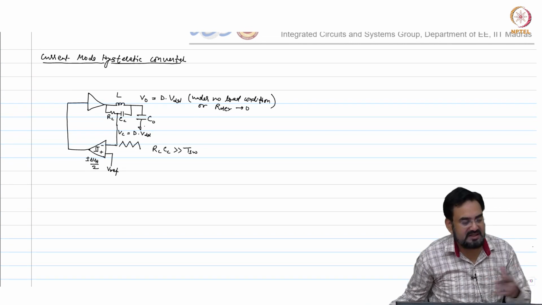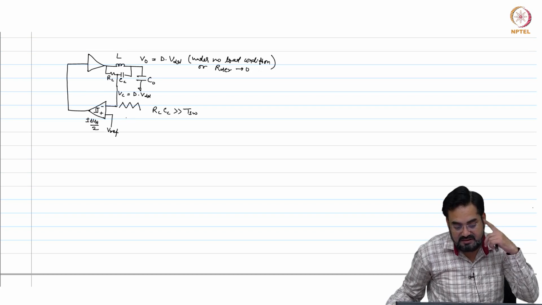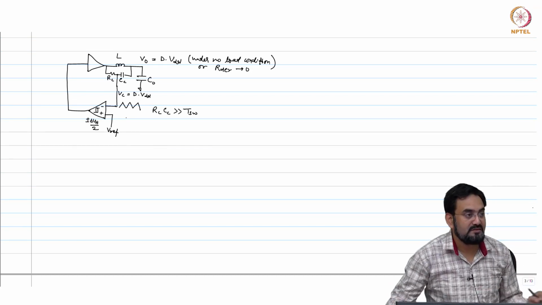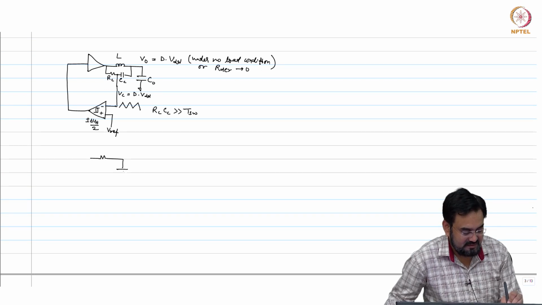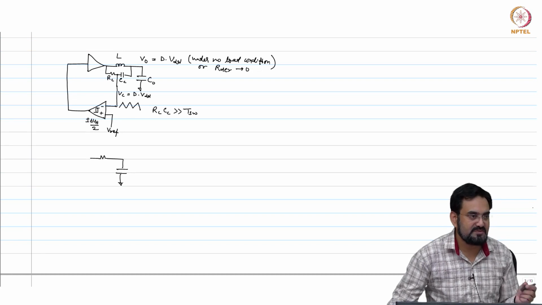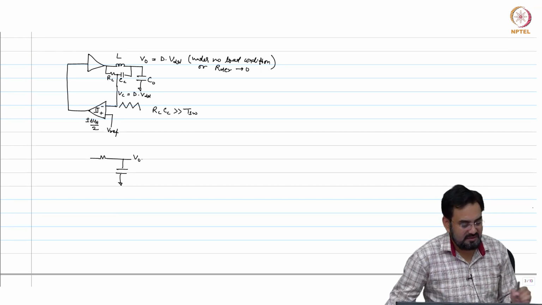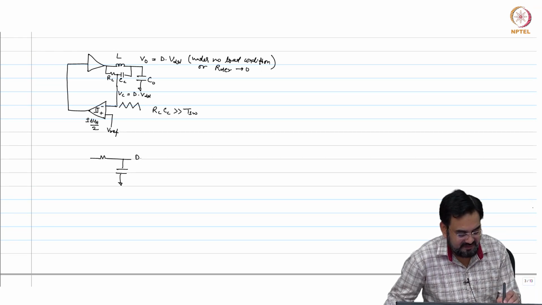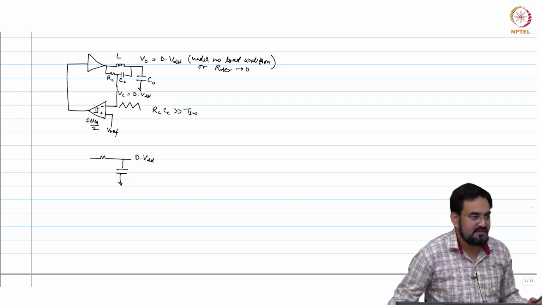So, if I want to write the expression for frequency, how will I write it? Let us say I take this filter. I can assume this as a ground, which is V out, AC ground. I am looking for a small signal. This is V out, or let me write D times VDD to avoid the confusion that they are shorted.